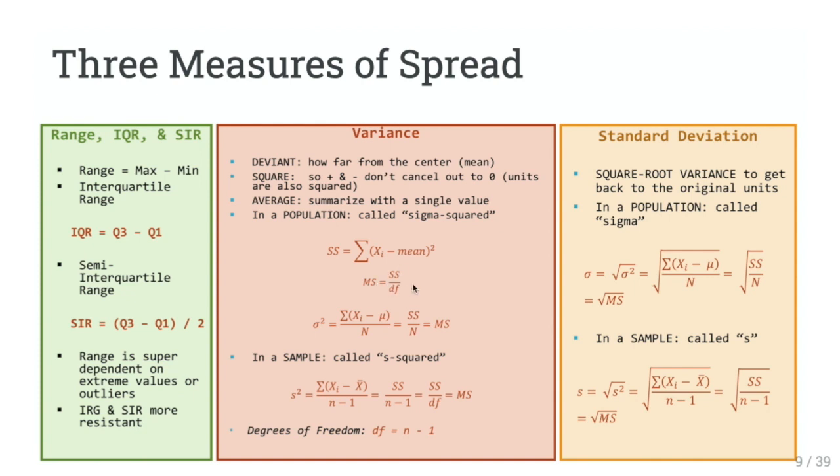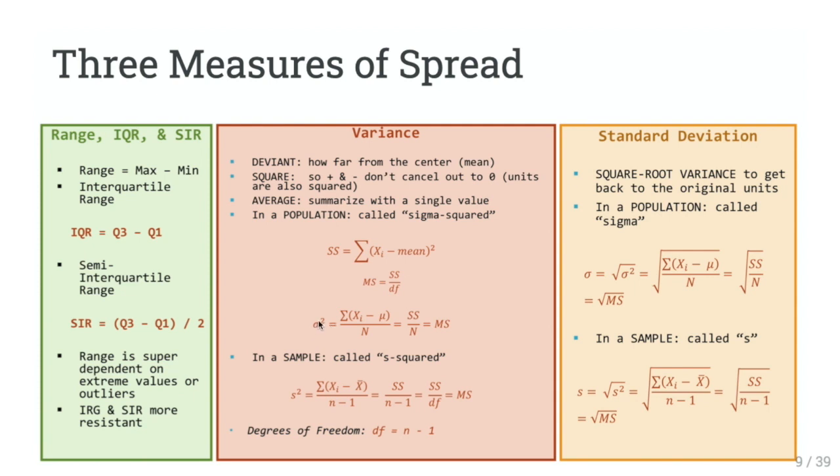Using that, divided by our degrees of freedom, which we'll define more carefully later on, in this case it's just n minus 1. If we divide by n minus 1 here, that's going to give us what is called our MS, our mean squared value. And our MS is also signified with this sigma squared value.